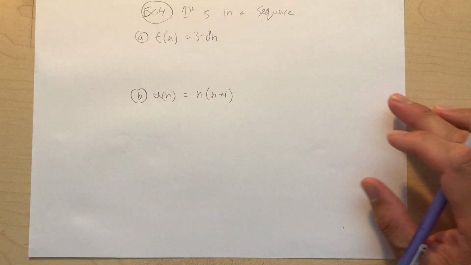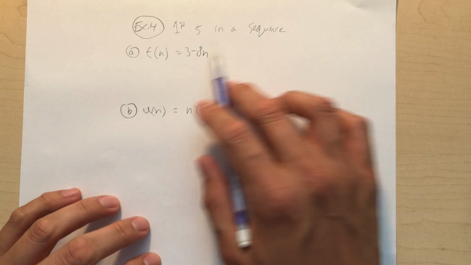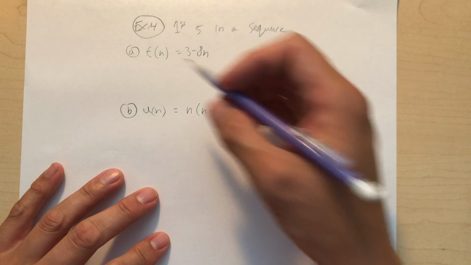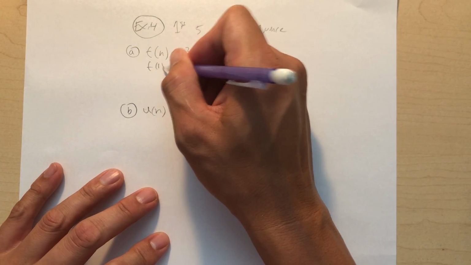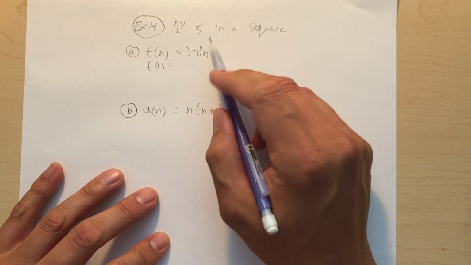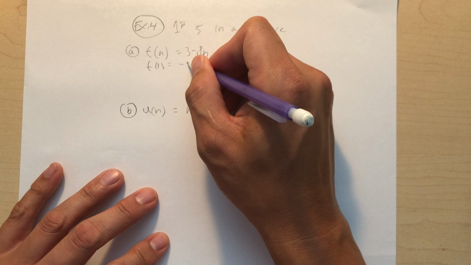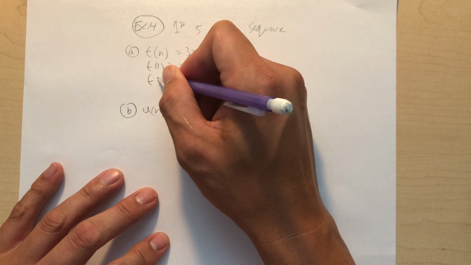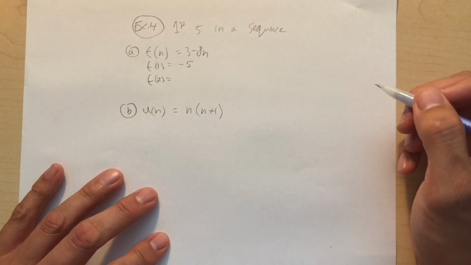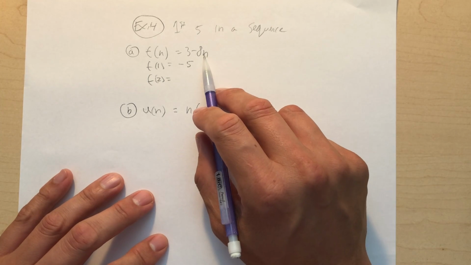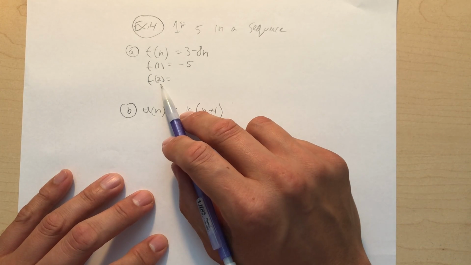All right, there'll be a couple problems where they can ask you, write the first 5 terms of the sequence. That's actually really easy, okay? So you just have to plug in our first number, okay? So our first number is going to be 3 minus 5, which is negative 5. Oh, what happened to our second number? Okay, our second number is the multiplier, it'll be negative 8 times 2, it'll be negative 16.